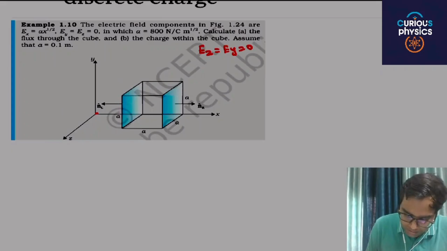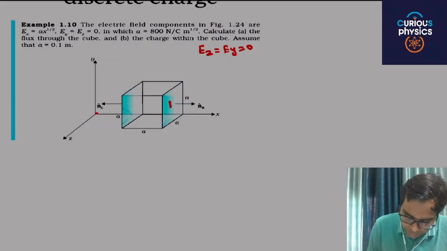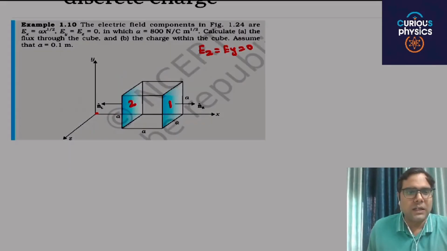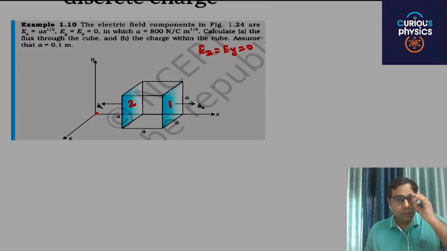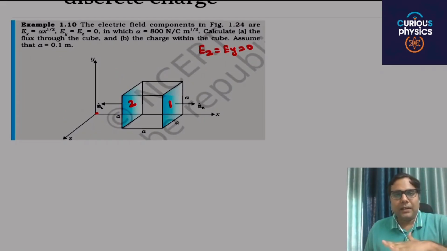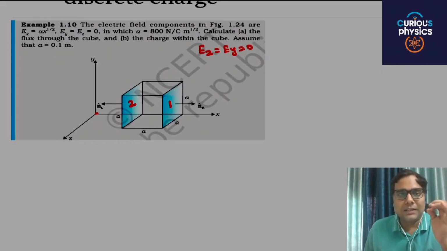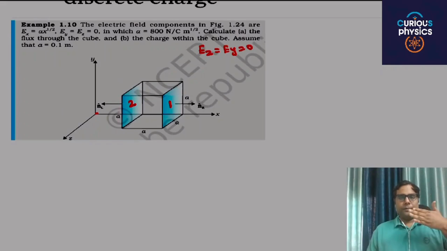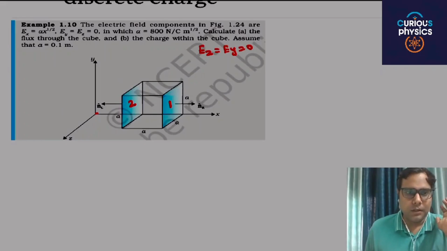So only along face 1 and face 2 is the electric field passing. Second thing, since this electric field is along the x-axis, the area vectors of the other faces, the front face, back face, this and this, are always at 90 degrees.